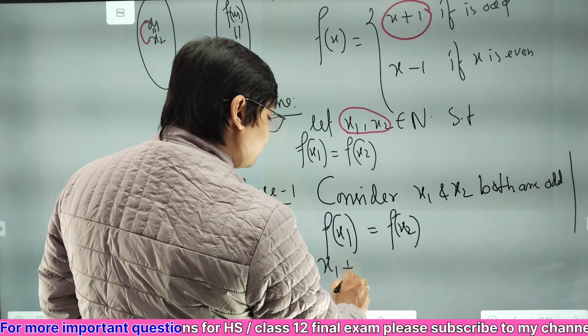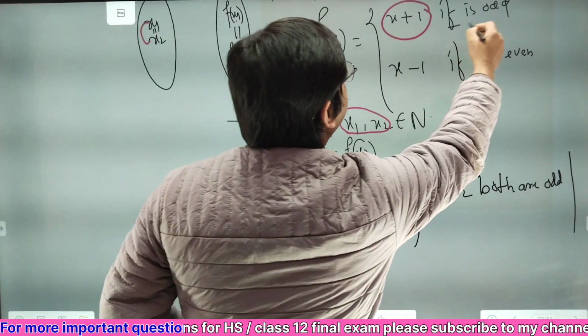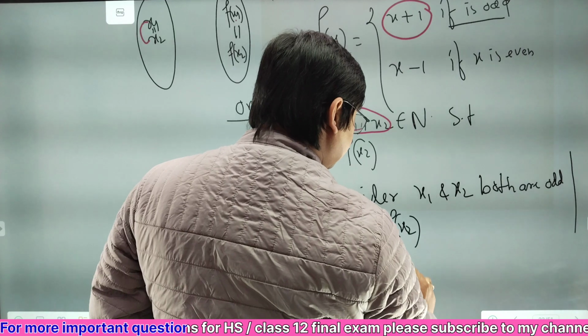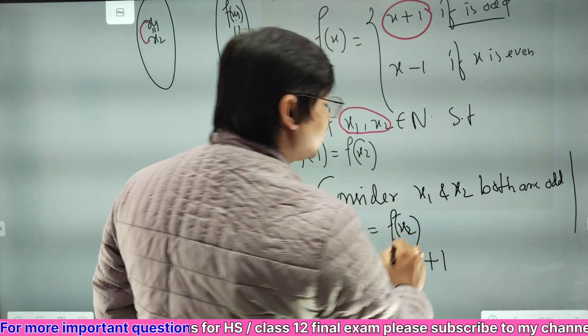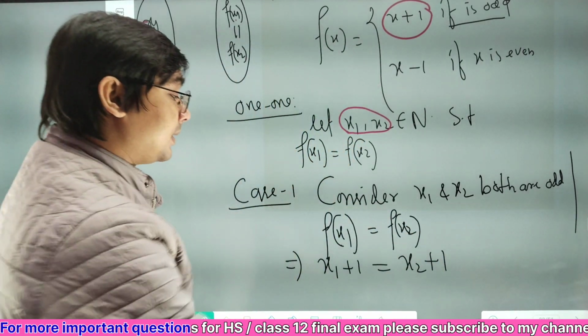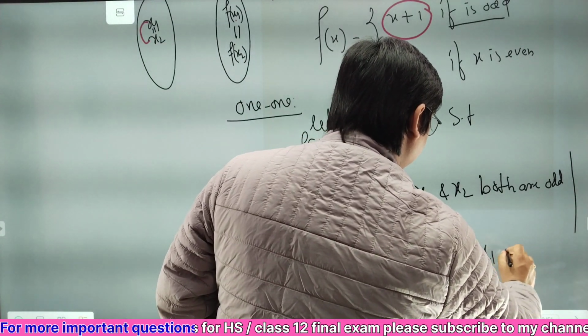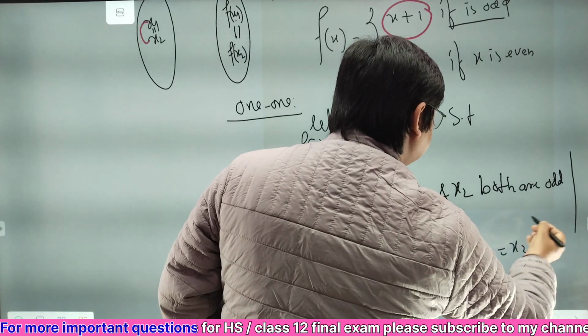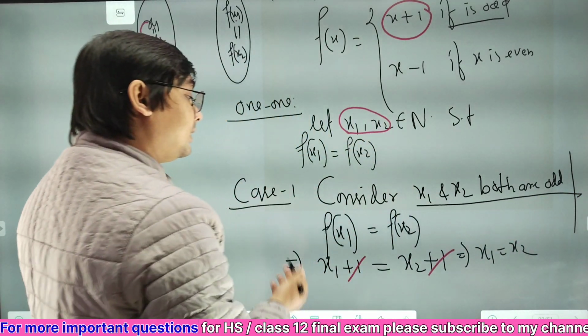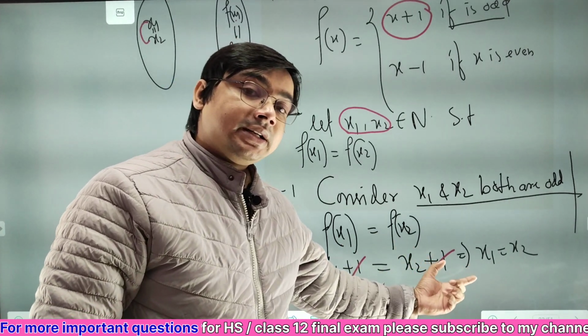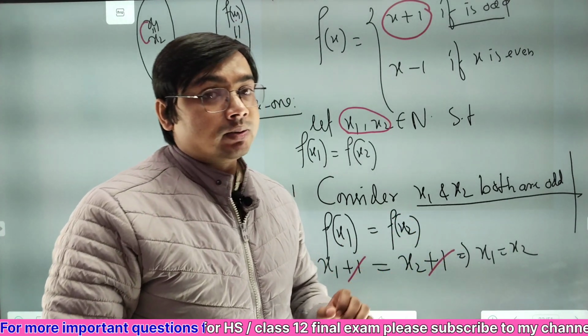This will be x1 plus 1, because x1 is an odd number, and f of x2 will be x2 plus 1, because x2 is also odd. But you see this 1 will be cancelled, so from here x1 equals x2. So if both are odd numbers and their images are equal, then the elements are also equal.